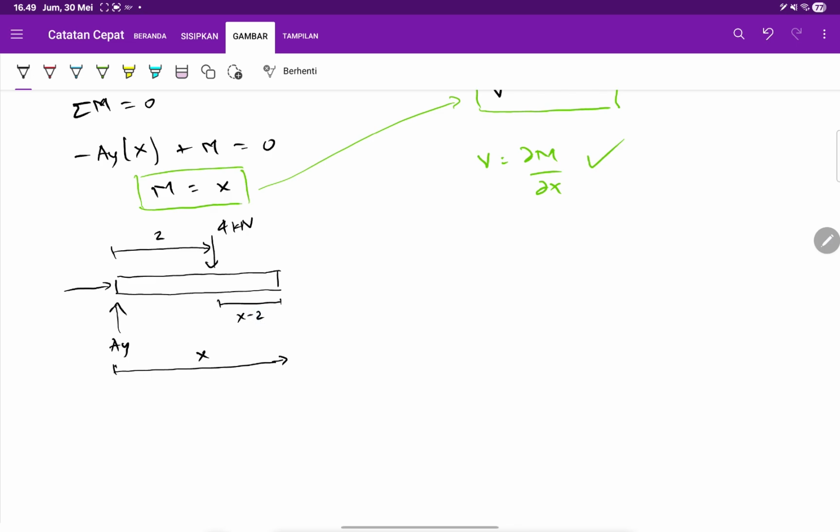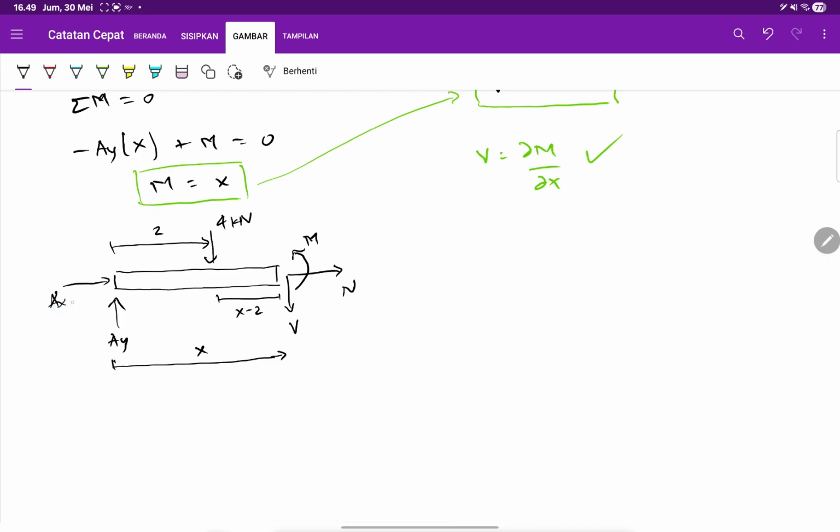And then this is V, this is N, this is M. Clear? This is AX, but this AX is 0, so your N is also 0.